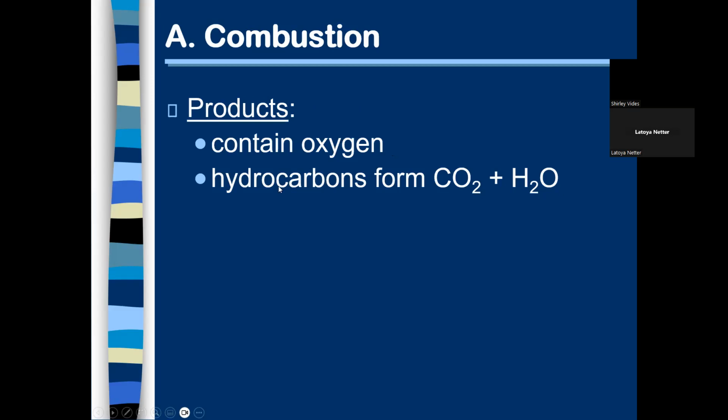The hydrocarbons, that's the carbon and hydrogen compounds, will always form carbon dioxide and water. Never in the same proportions, obviously, because they're different, but they will always form carbon dioxide and water in the presence of oxygen. So again, that's something to remember.